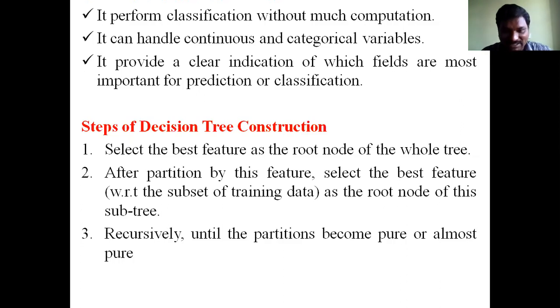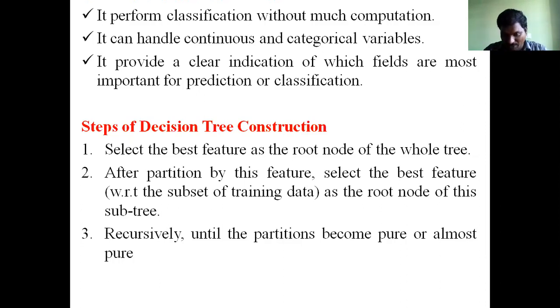After partitioning by this feature, select the best feature. That means with respect to the subset of the training data, the training data is divided into two or more parts. From the parts, select the root node of this subtree.